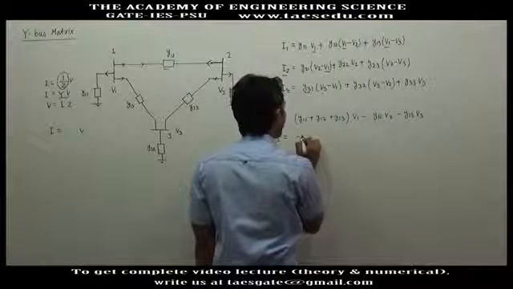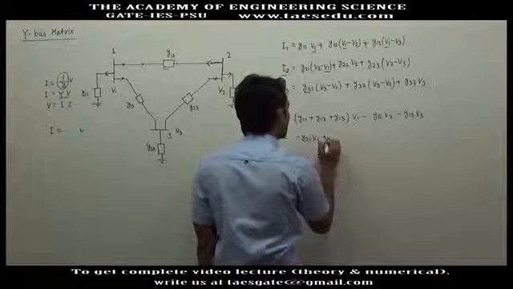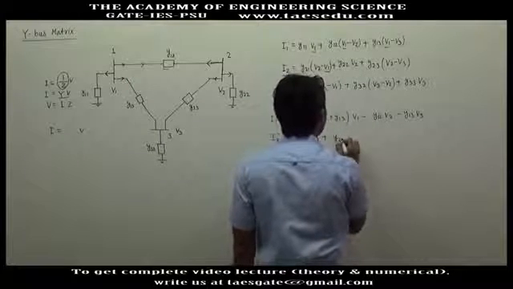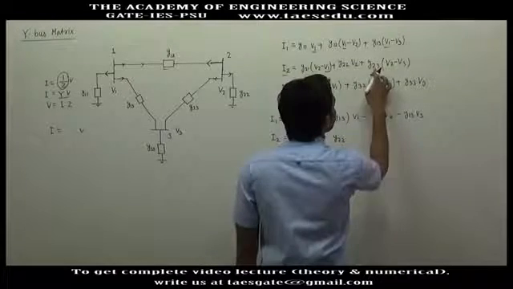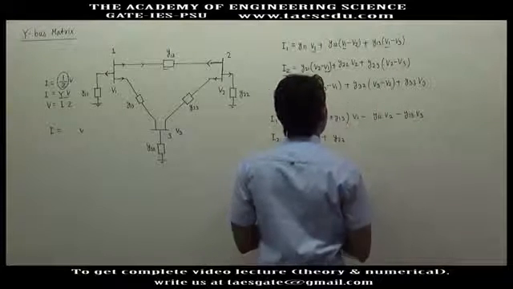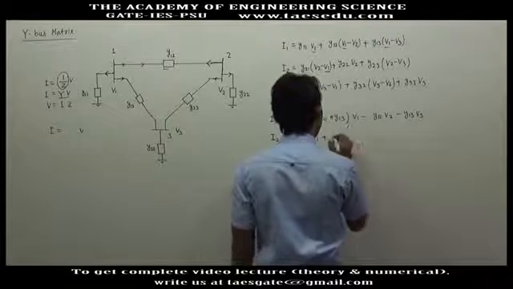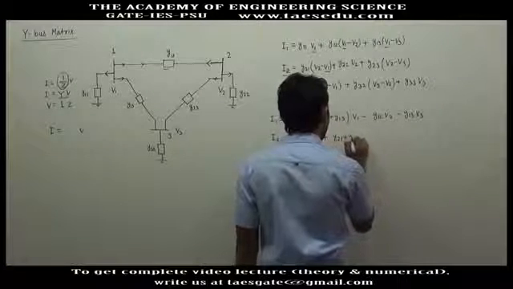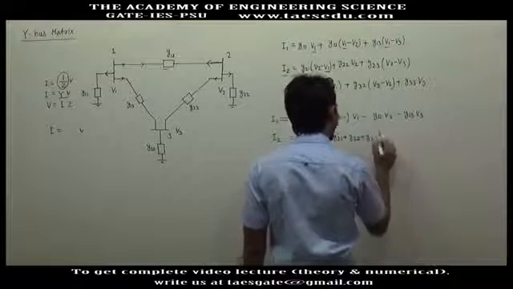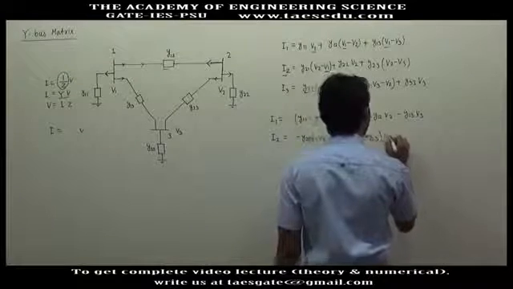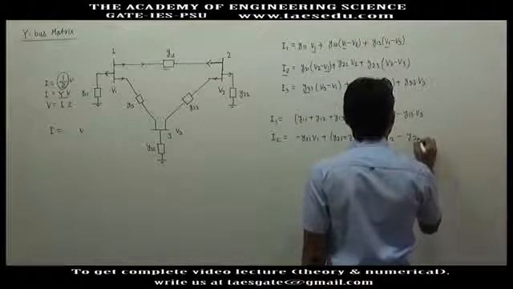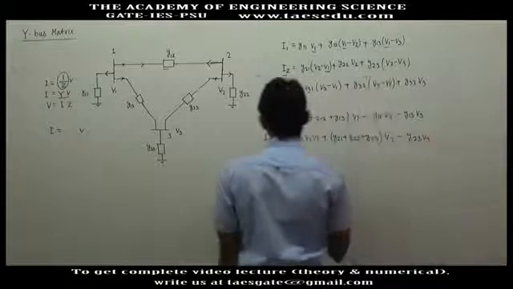This will be minus Y21 into V1, plus Y21 plus Y22 plus Y23, into V2, minus Y23 into V3.